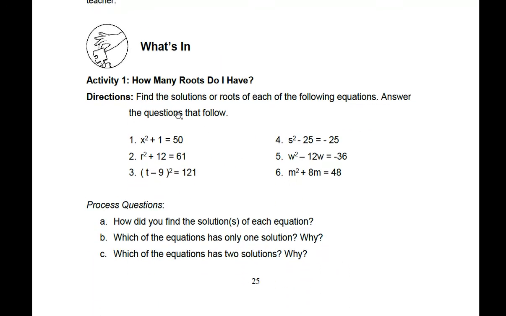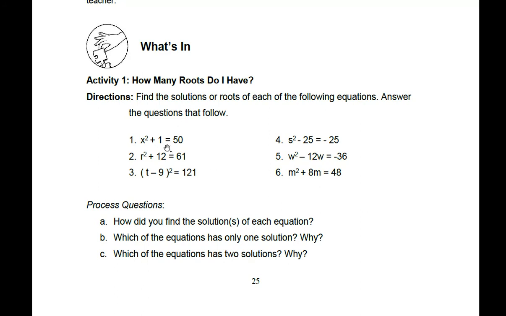So in here, find the solution. Meron tayo activity 1. Gawin nyo muna tong mga activities bago yung ating tutorial or ating lesson na gagawin ngayon. So find the solution of the roots of each of the following equations. Answer the questions that follow.